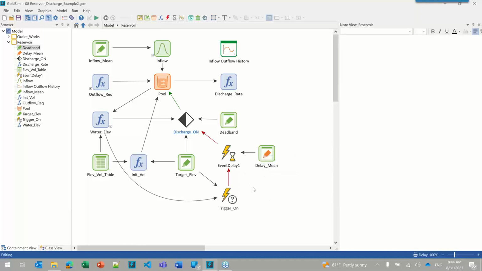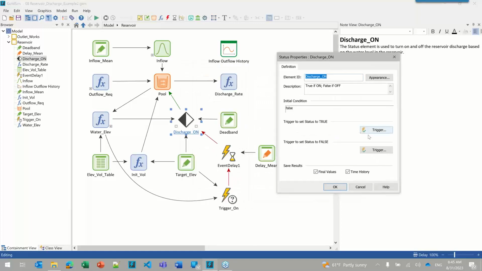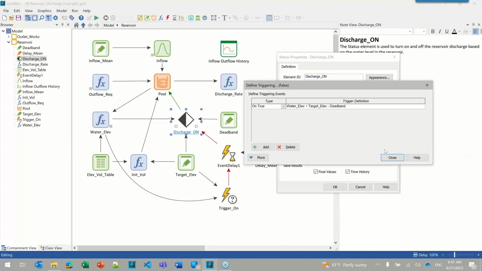I said, what if it takes an entire day for someone to respond and make a change to that pumping rate? So we could incorporate those kinds of things into a GoldSim model quite easily. What it requires, though, instead of putting my equation directly into the status element like I had before, where I said water level greater than target right here, I changed it.